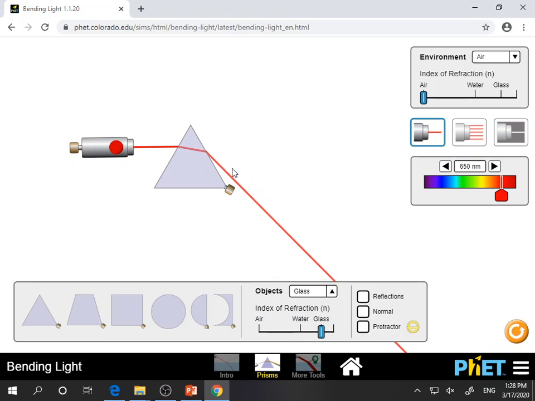And then from glass to air, also it's going to refract more and more. Here I can change the colors also, as we see here. Simply each color is going to refract by a different angle. As we said, the red light has the maximum wavelength and minimum frequency, and the violet one has the minimum wavelength and the maximum frequency.